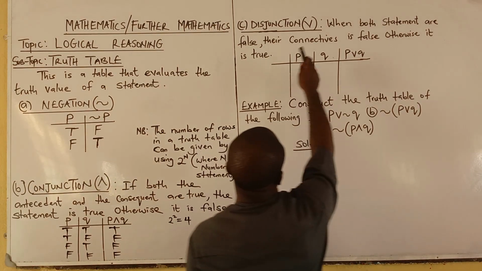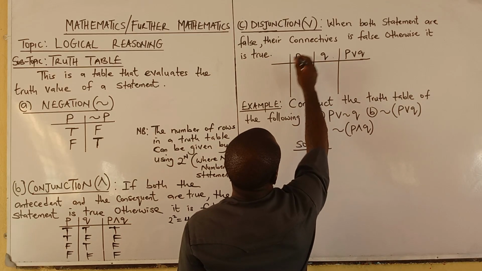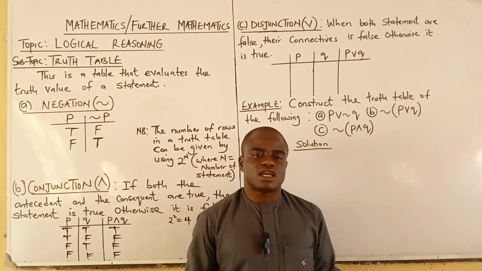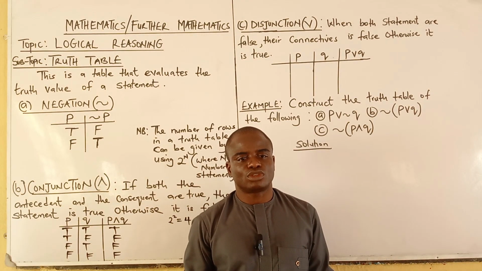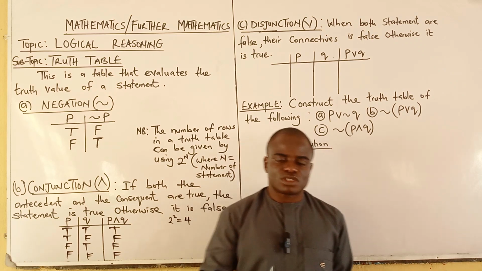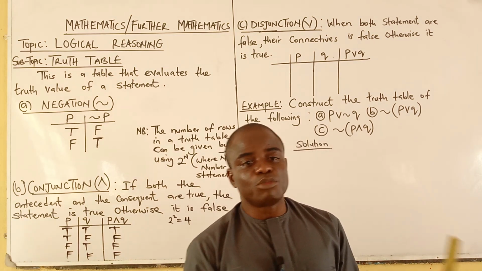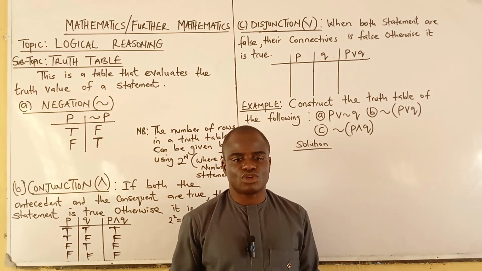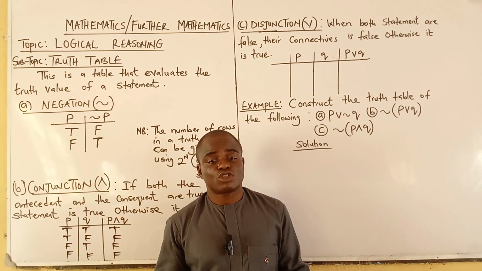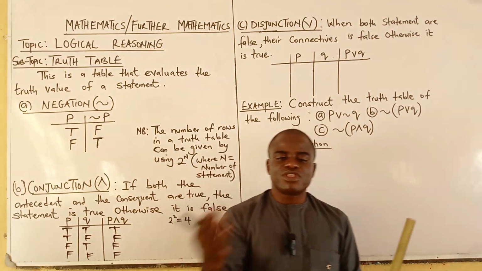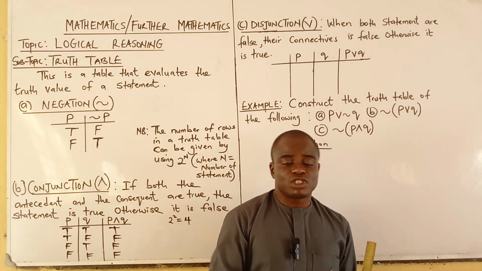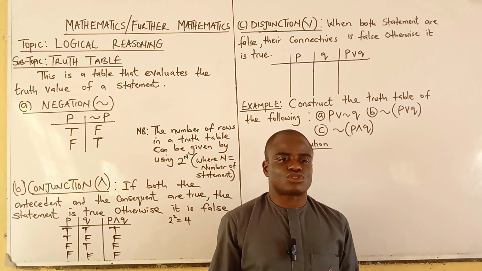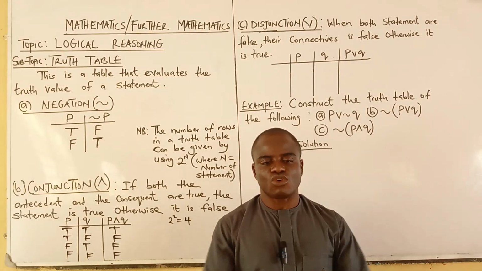Now, let's see disjunction. When both sentences are false, the statement is false. Otherwise, it is true. What we are saying is that when both the antecedent, which is the first statement, and the consequent, which is the second statement, are false, the statement is false.